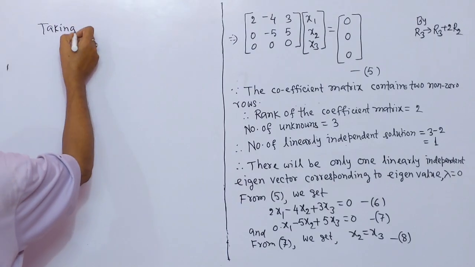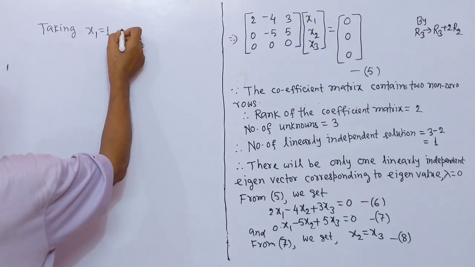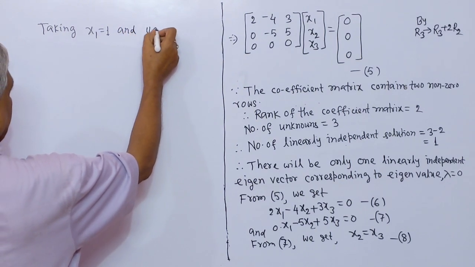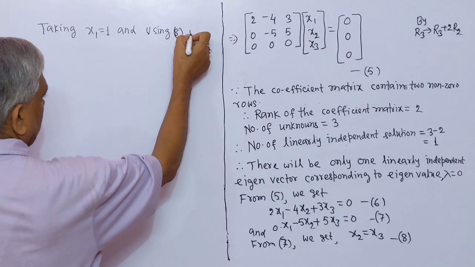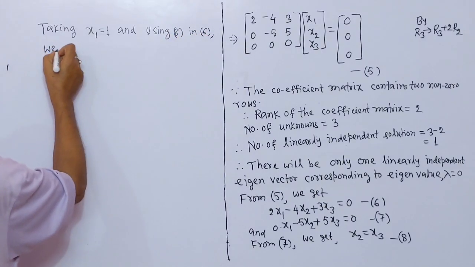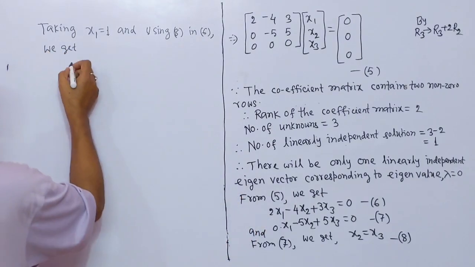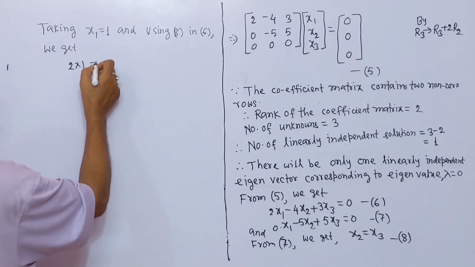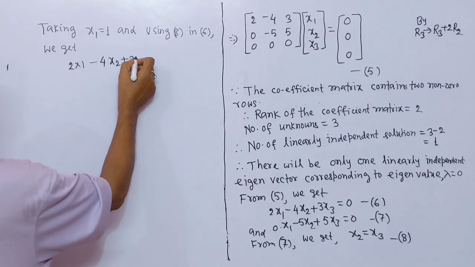Taking x1 equal to 1 and using 8 in 6 we get 2 multiply 1 minus 4x2 plus 3x2.